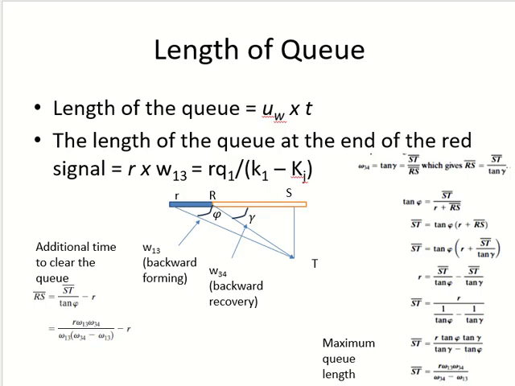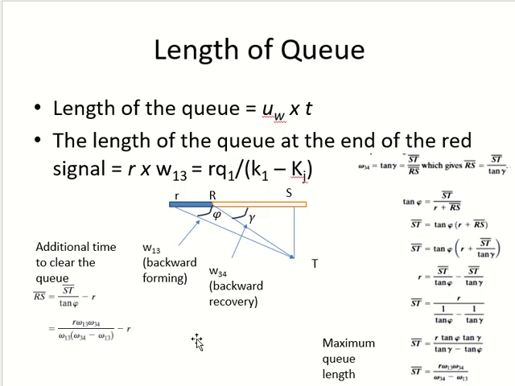So the forming one is W13, but without this. Now remove this. This was for conversion, right? So remove the time and the conversion factor.